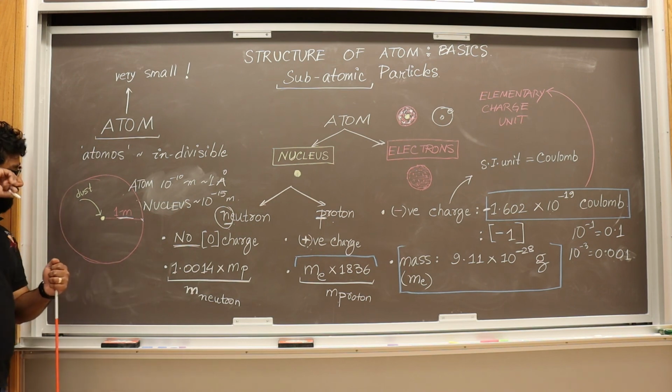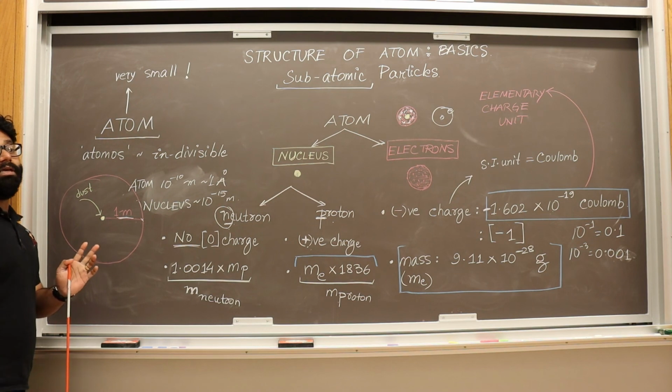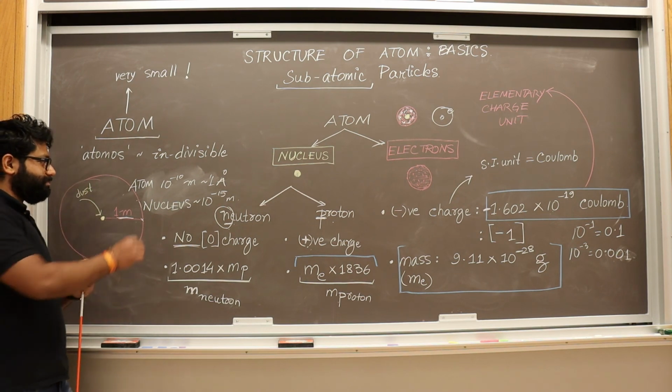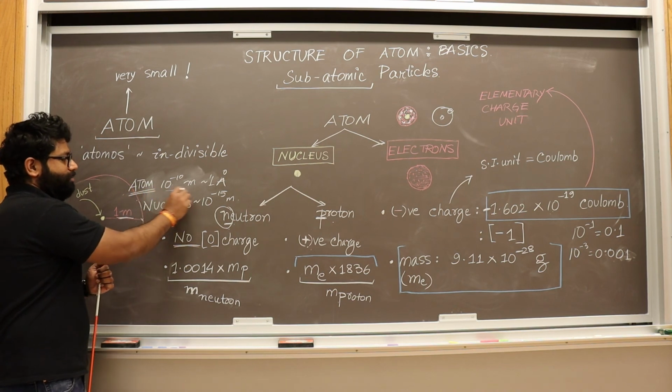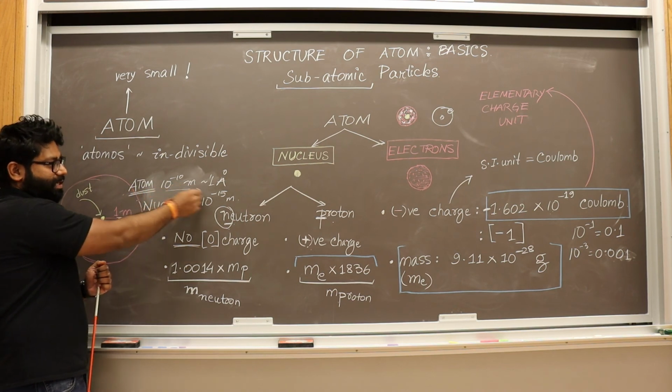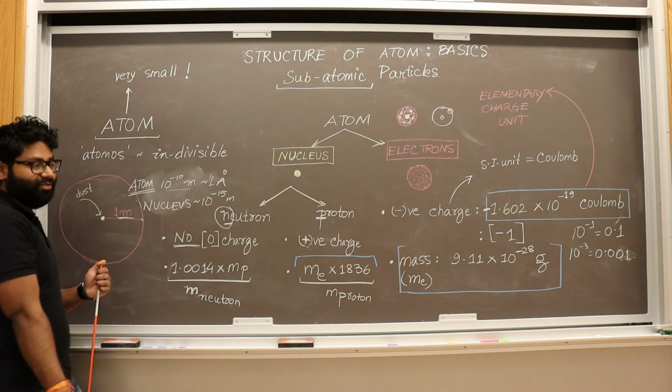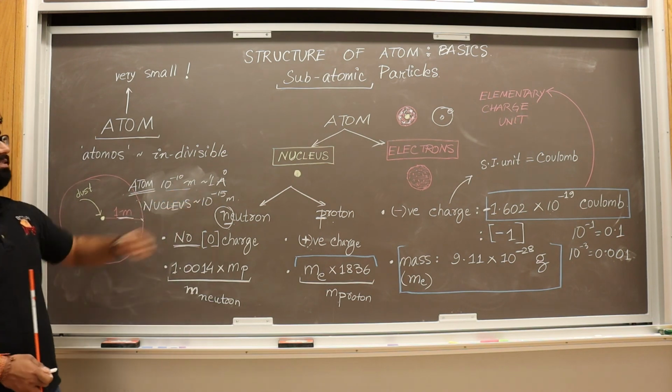So it's extremely small. For a general idea, the size of an atom is about 10 to the power minus 10 meters, the radius. It's about 1 angstrom, right? Like 10 to the power minus 10 meters is 1 angstrom. But the nucleus is about 10 to the power minus 15 meters.